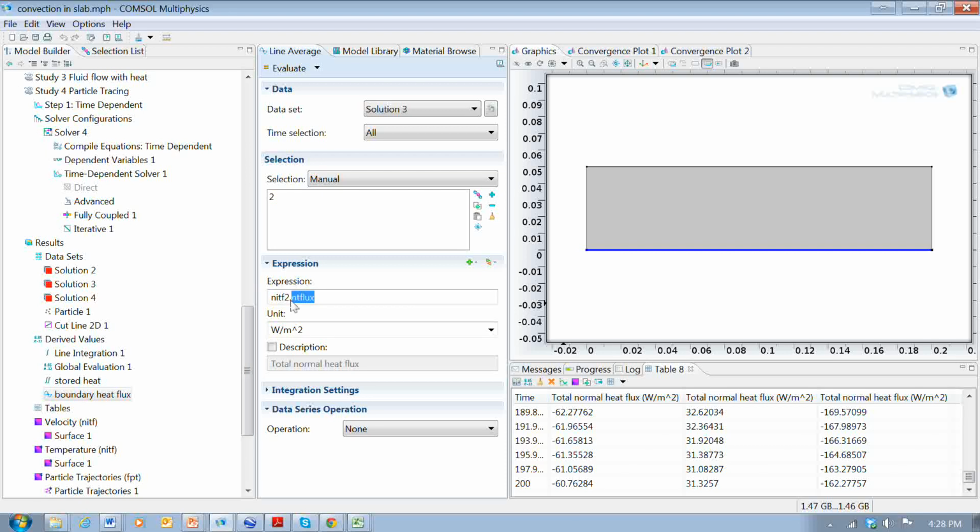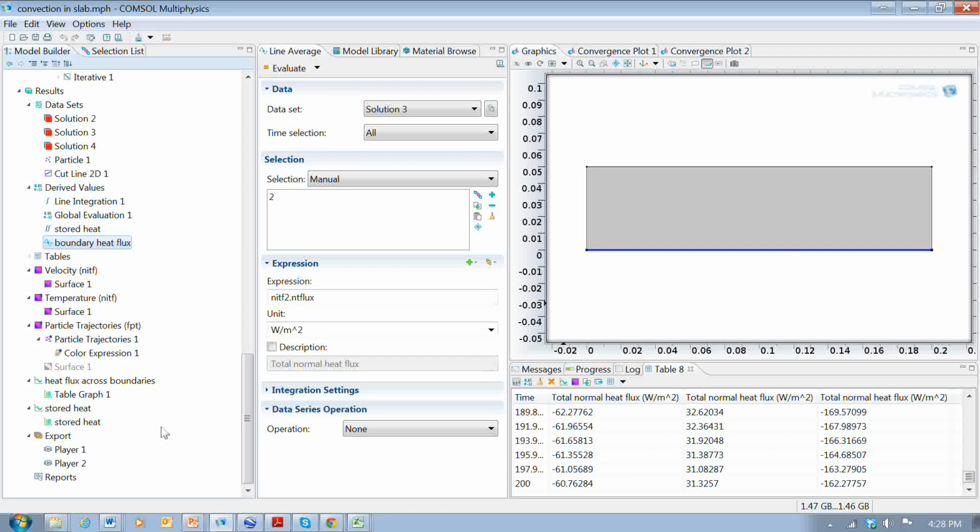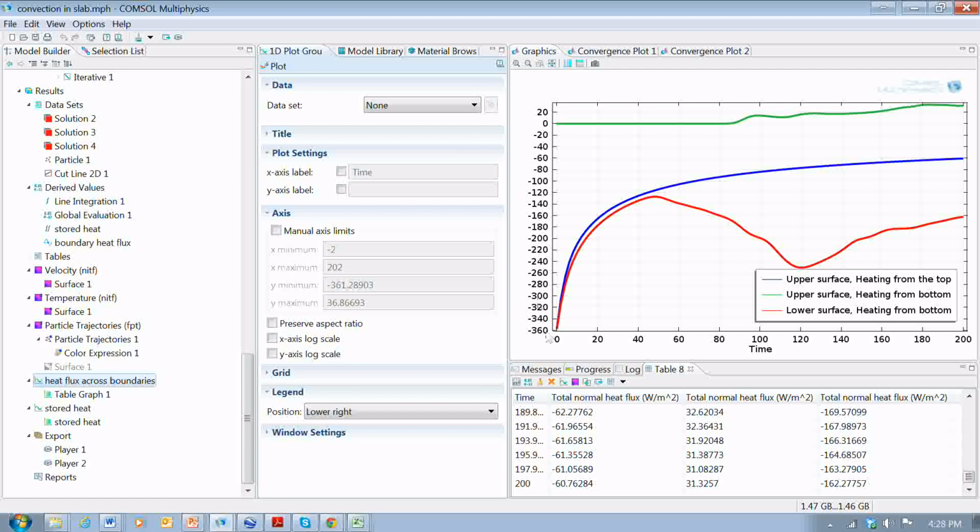And here's the total heat flux and plotted that up. And that's shown down here, the heat flux across the boundary. And the way this works is that an inward heat flux is negative, outward heat flux from the boundary is positive.